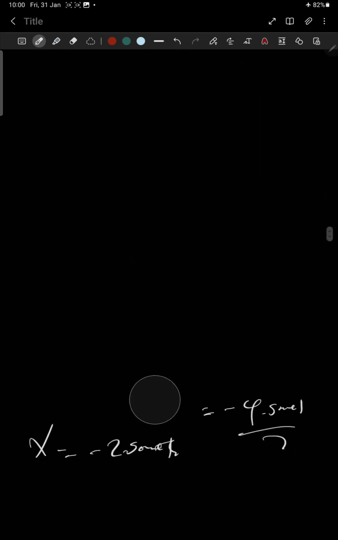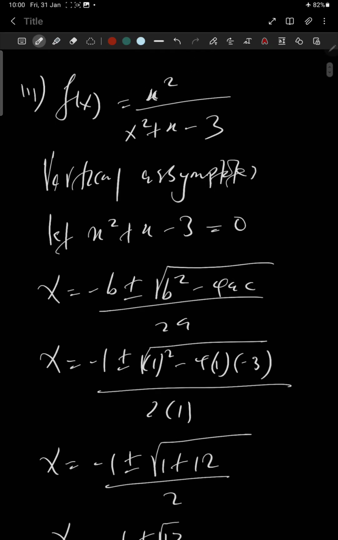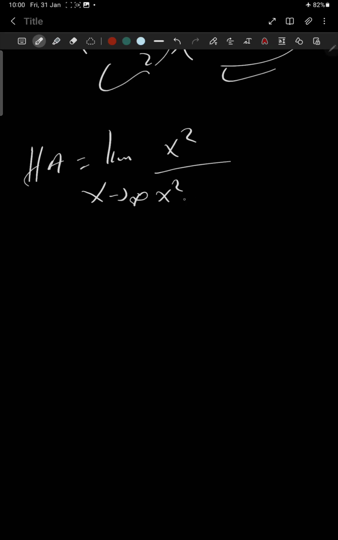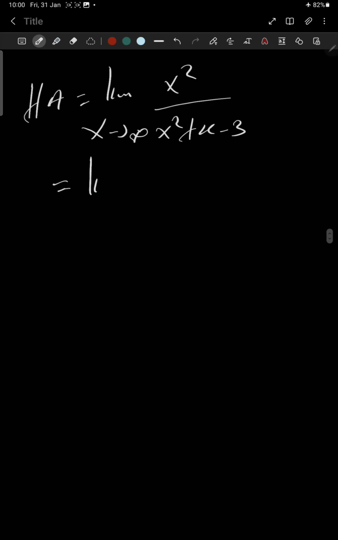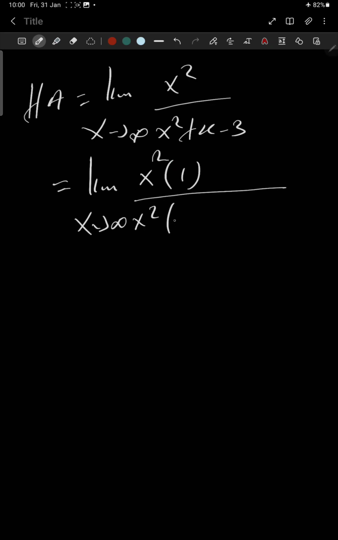Now let's find the horizontal asymptote. Since the powers are the same, our HA will be the limit as x approaches infinity of x squared over x squared plus x minus 3. I'll factorize the highest power on top, which is x squared, and I'll remain with 1. Down here, I'll factorize the highest power and remain with 1 plus 1 over x minus 3 over x squared.